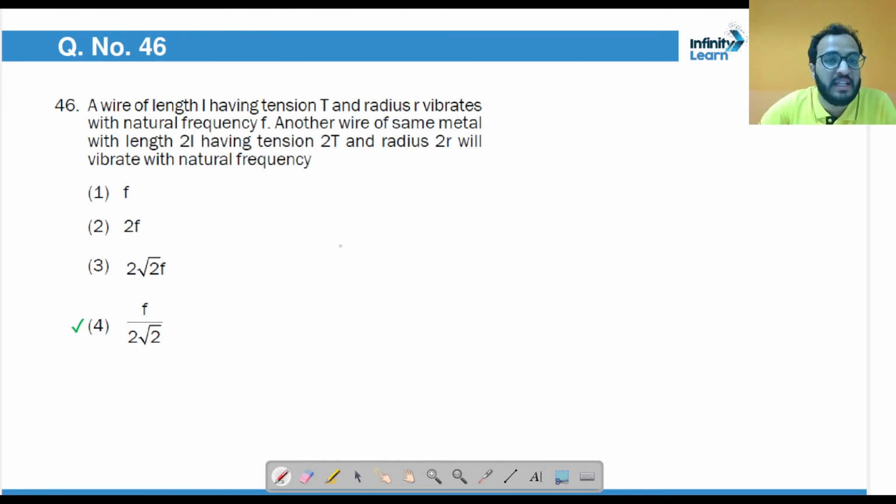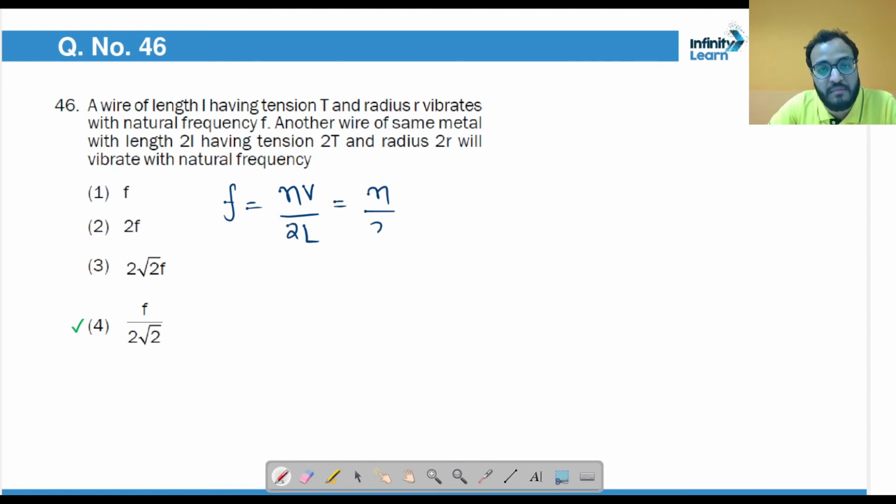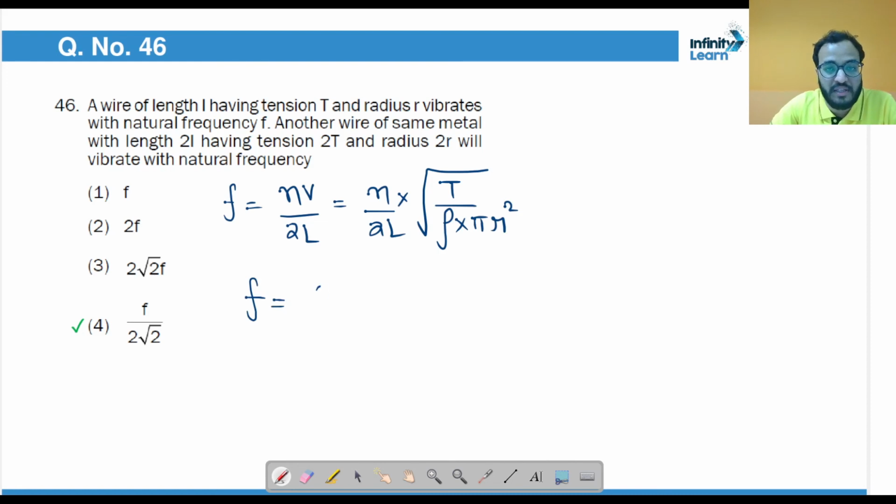A wire of length L having tension T, radius R vibrates with natural frequency F. Another wire of the same metal. See, frequency is N V by 2L. It is N by 2L into V, which is root over T by density into area, which is pi R square. So frequency is N by 2L into R into root over T by rho into pi.